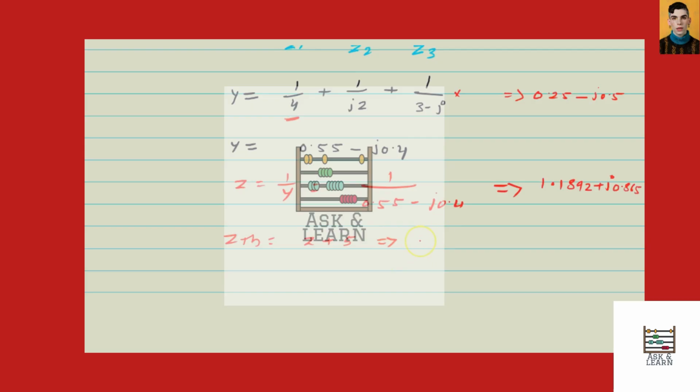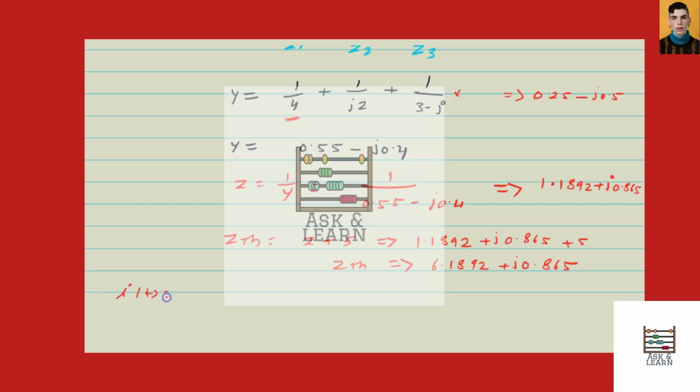So 1.1892 plus j0.865 plus 5 gives ZTH equal to 6.1892 plus j0.865.